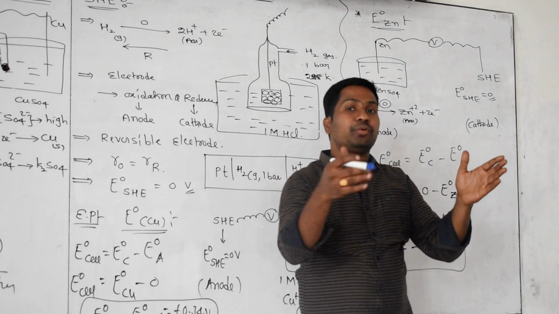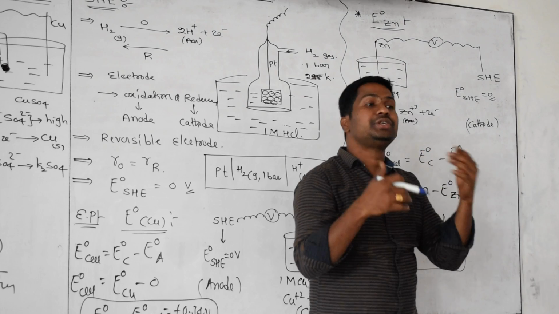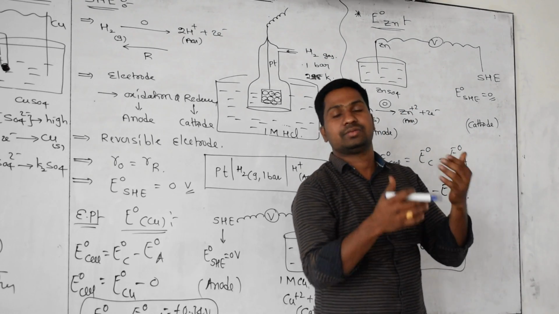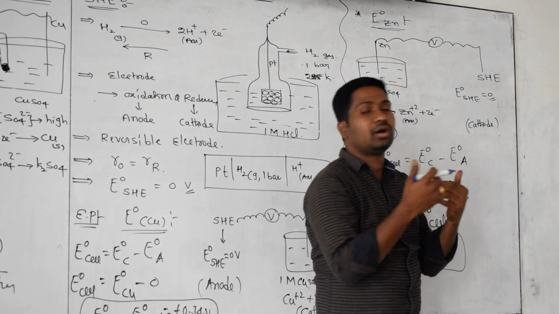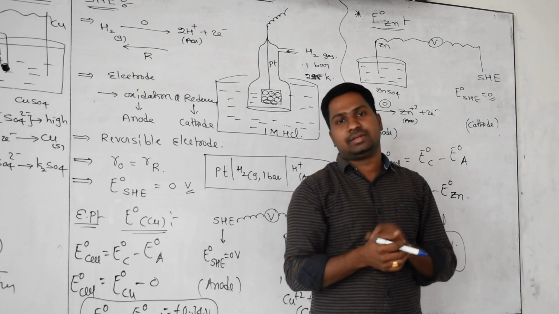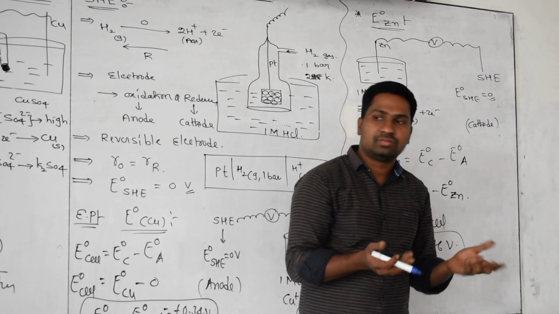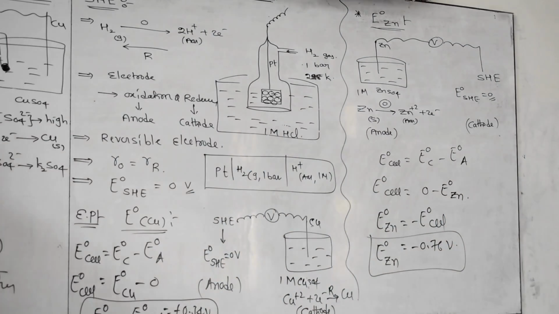Based on the connection, SHE changes its behavior, either anode or cathode, but its electrode potential value is always 0. Without SHE there is no electrochemistry. Yes, SHE has a lot of importance.